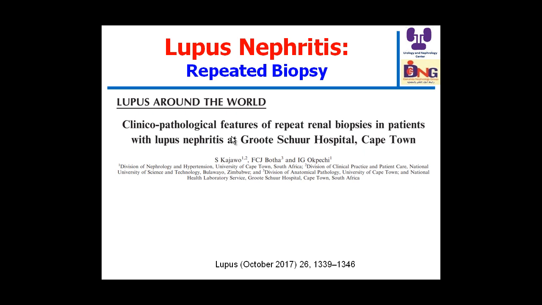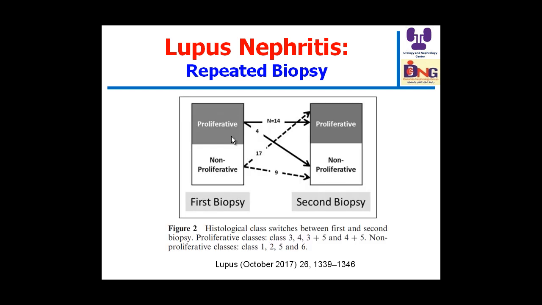Regarding clinical pathological features of repeated biopsy in this slide: the majority of proliferative lupus nephritis, after repeating the biopsy, you will find the pathology the same. So the majority of proliferative stayed proliferative, but some of the non-proliferative may shift into proliferative, and this is class shift.